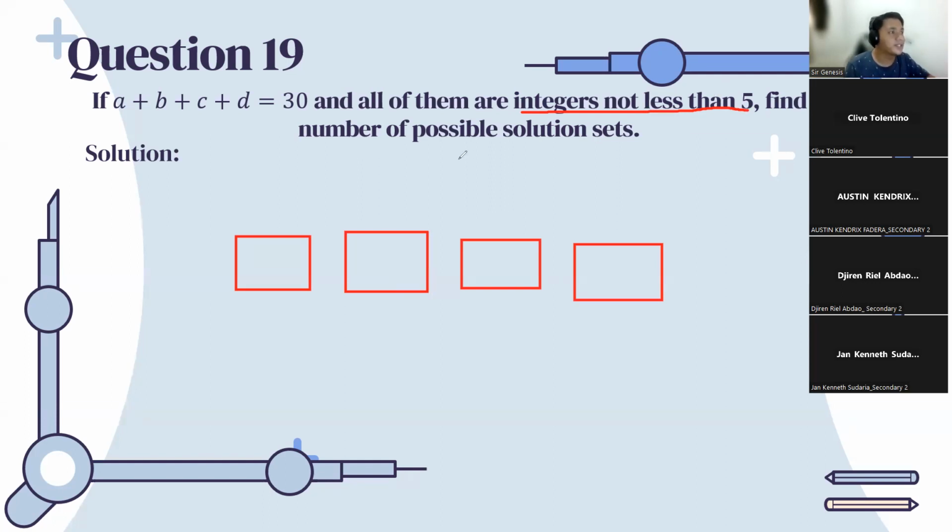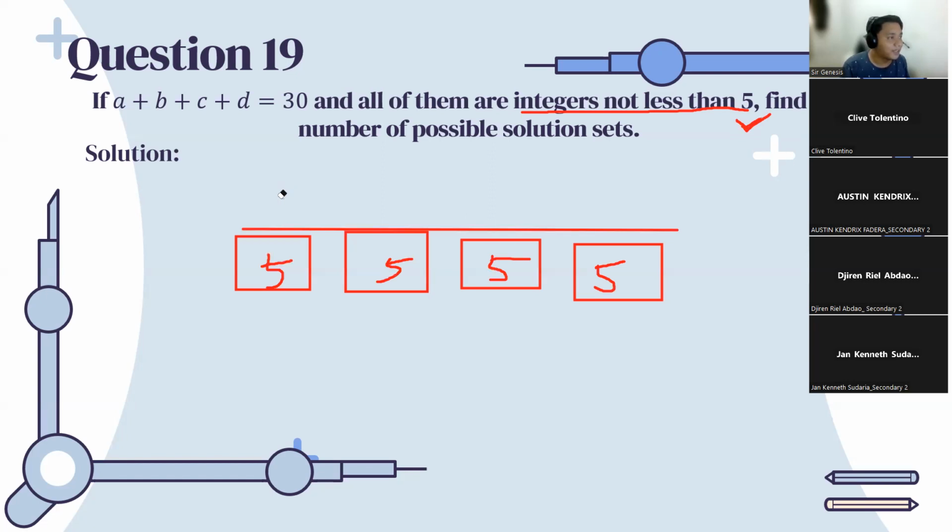So how will we do that in such a way that we can apply the stars and bars? We must distribute first 5 for each of the boxes. That way, our boxes will feel as if they are all empty because we are already satisfied with the condition.